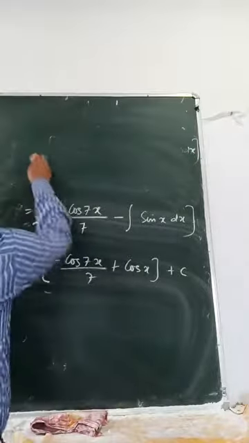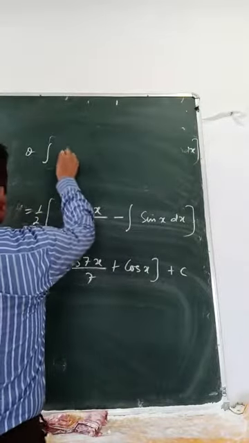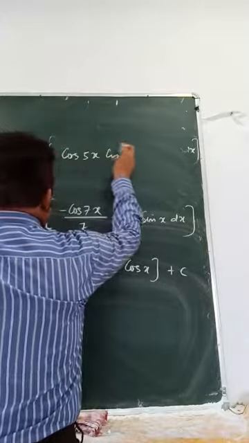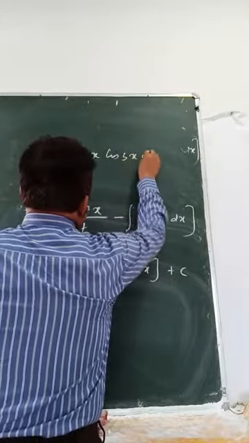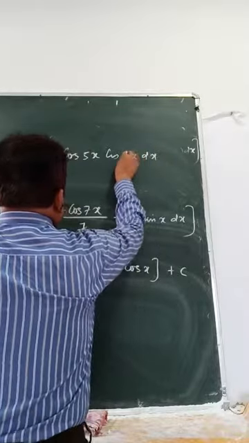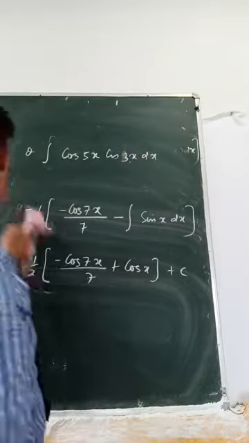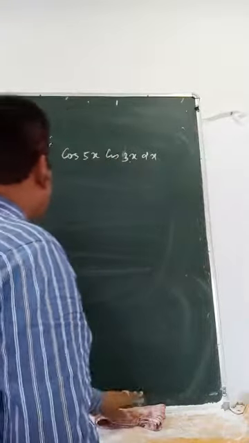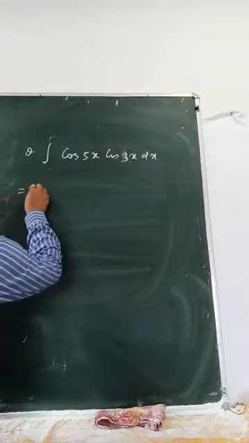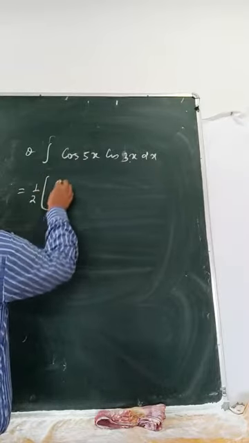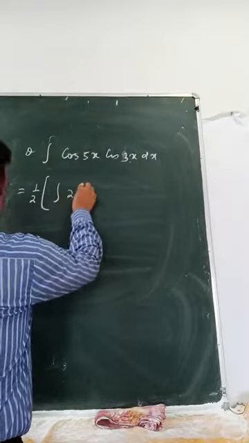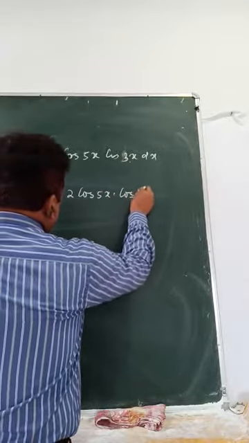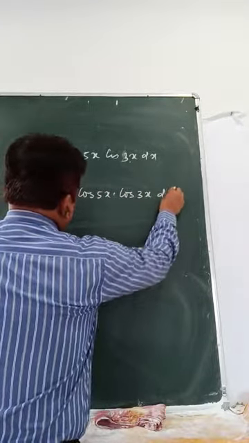If I get a question cos 5x cos 3x dx, you have to make it half of 2 cos 5x cos 3x dx.